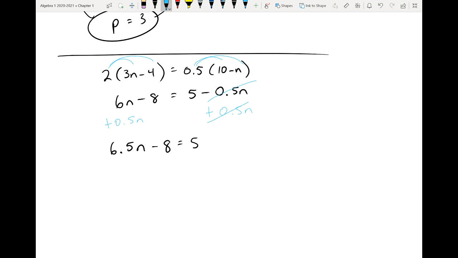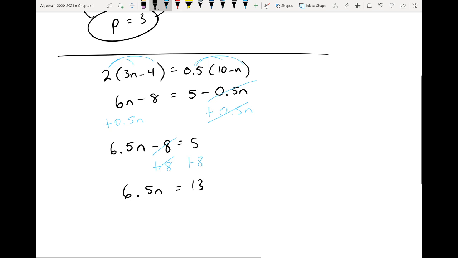And then I'm going to add, of course, 8 to both sides so I can get the constant term. Now I have all my variable terms consolidated on the left, which is 6.5n, and all the constants consolidated on the right, which is 5 plus 8, which is 13.